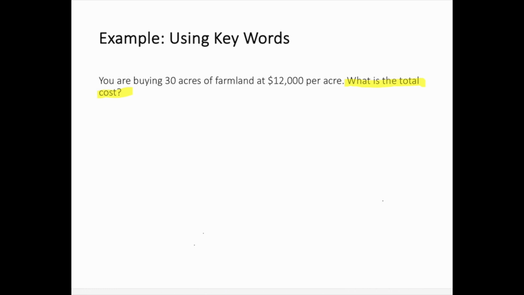little bit harder. One thing that we want to notice is because it's asking us for the total cost, we know that our final answer should be dollars. That's the units that we want to make sure that we end up with.